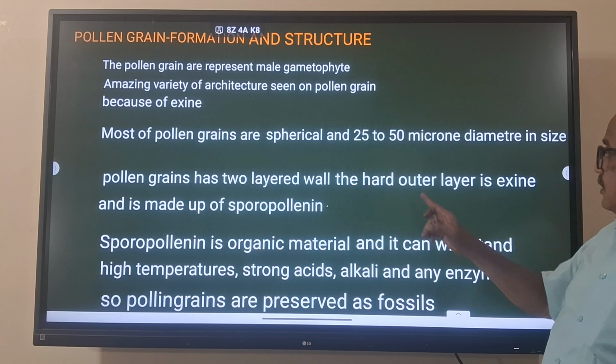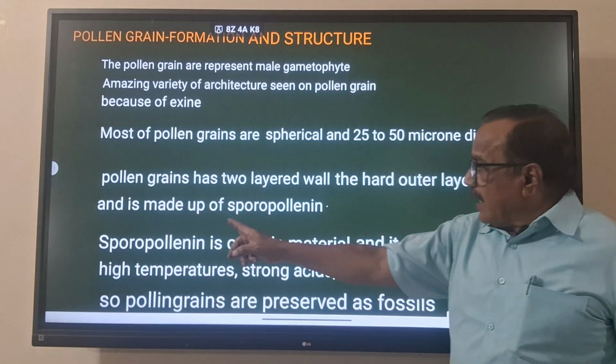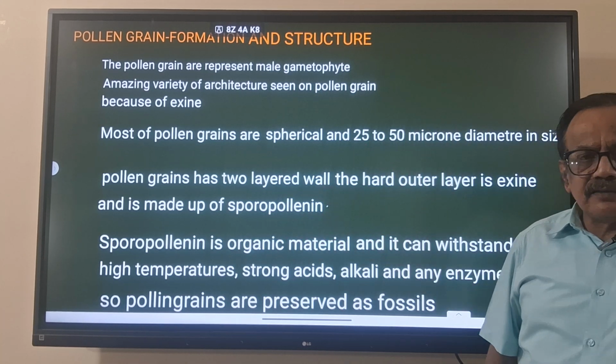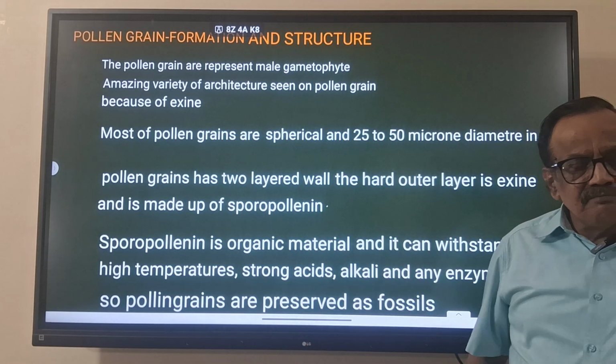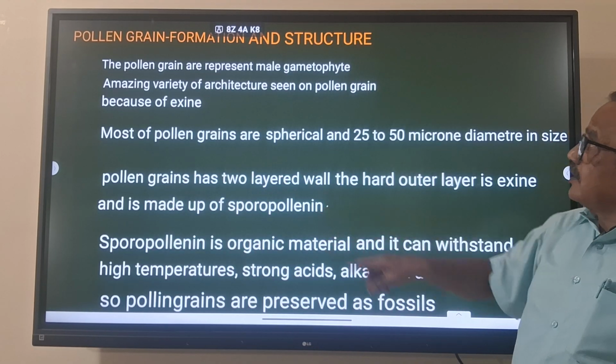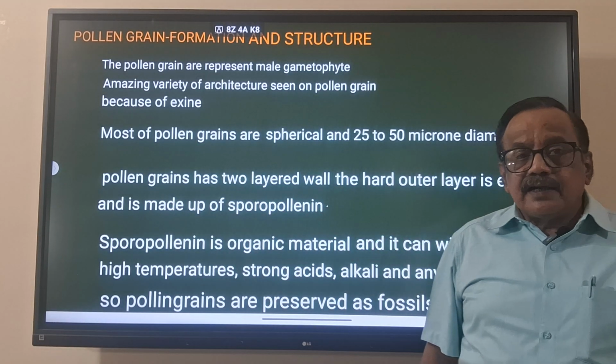It is called the exine and is made up of sporopollenin. This is most important. Sporopollenin has been asked once in the last 5-6 years. And why is it that important?